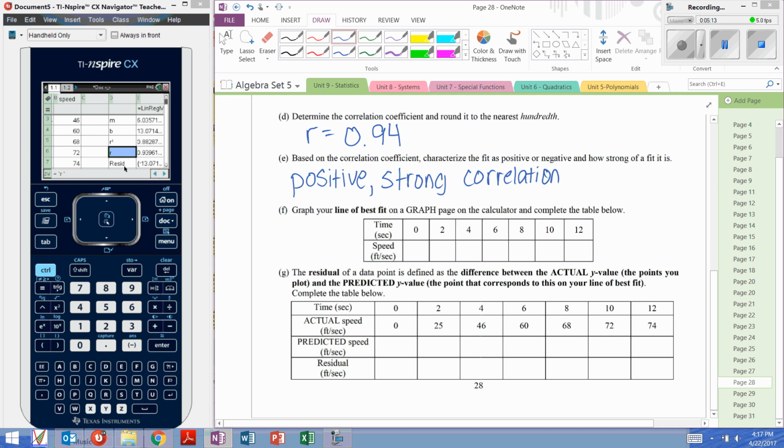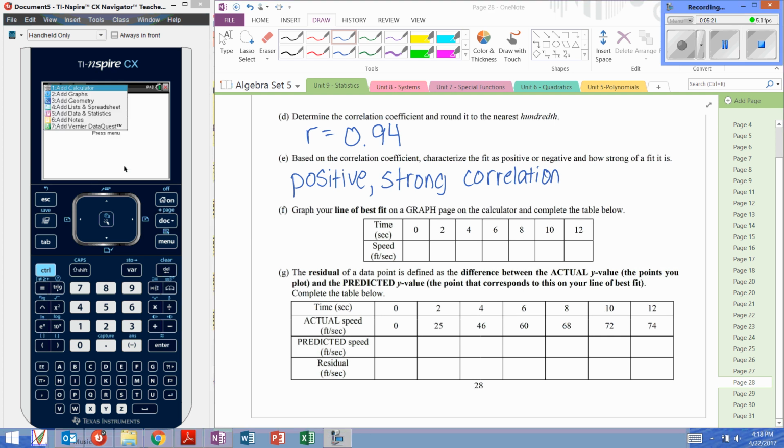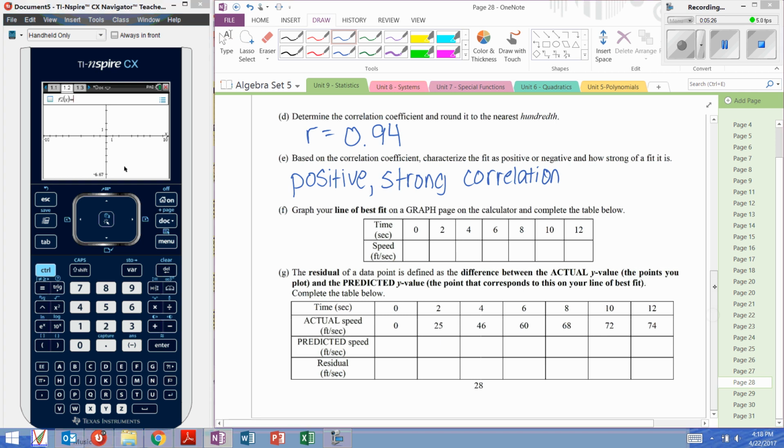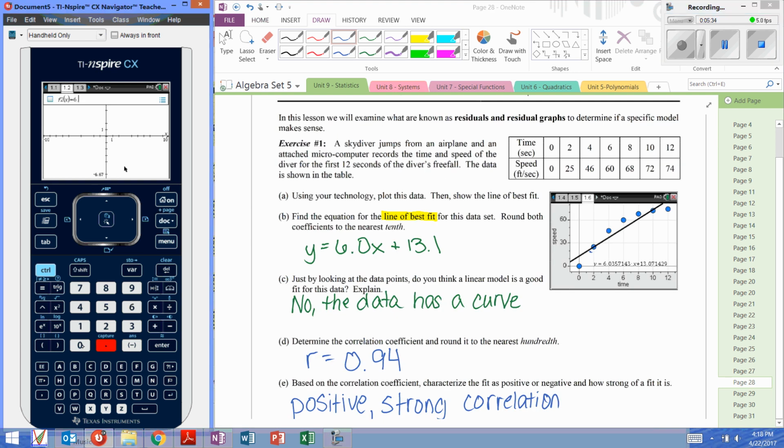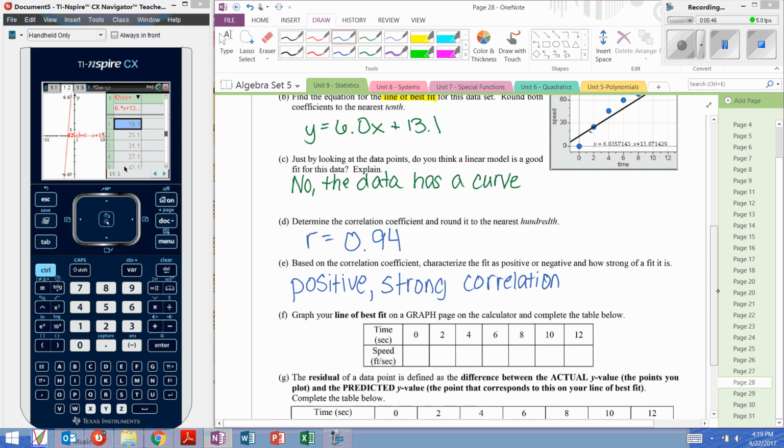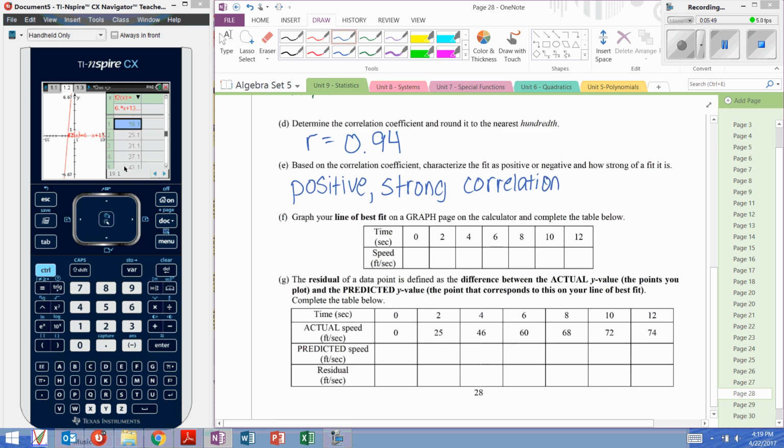Okay, so we need to graph our line of best fit on a graph page on the calculator and complete this table below. All right, so I'm going to add a new page. We're going to add a graph, and let's pull our line of best fit equation, which is 6.0x plus 13.1, and it looks like we need to complete this table of values that we have right here.